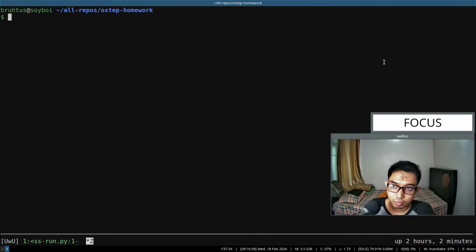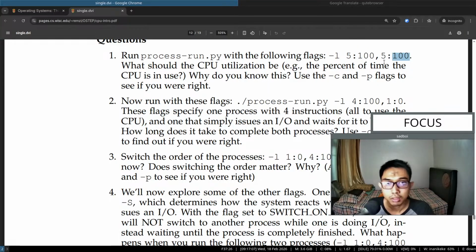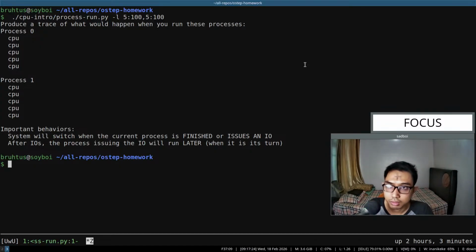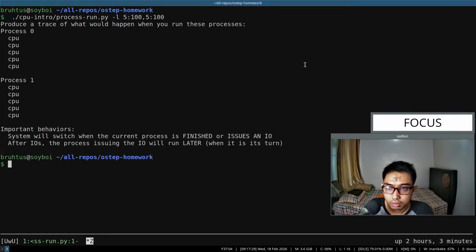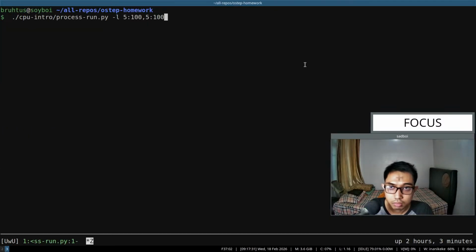So maybe what the CPU utilization be? The percent of time the CPU in use. Because we don't have the input-output, I am assuming 100%. Maybe let's find out.